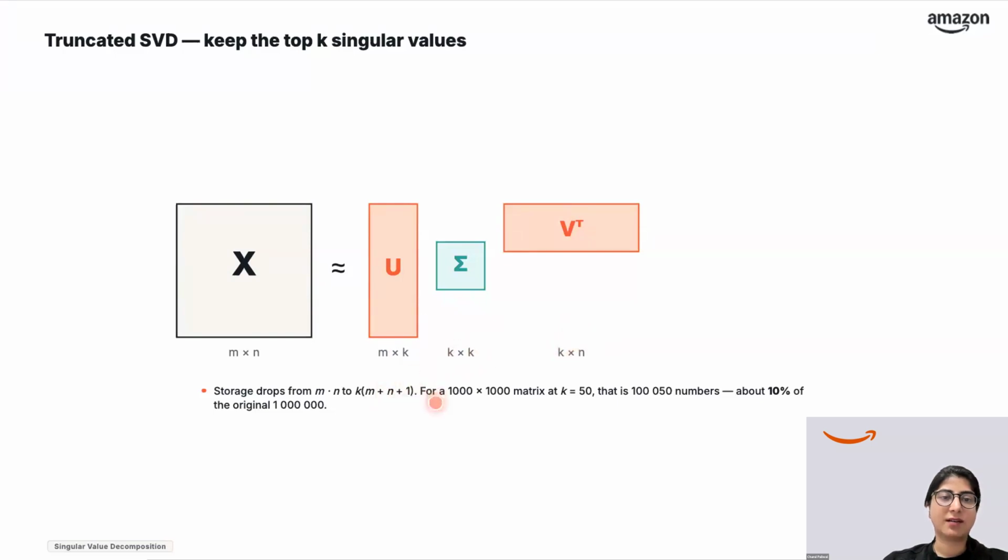So if K is 50, then for a 1,000 cross 1,000 matrix, we only need about 10% of the data to get all the information of this matrix X.